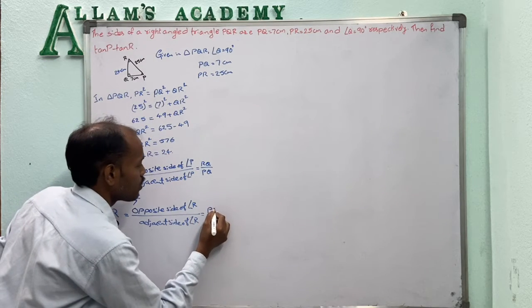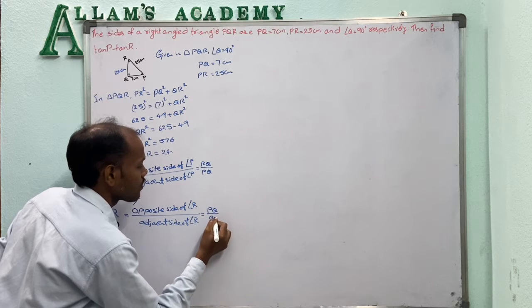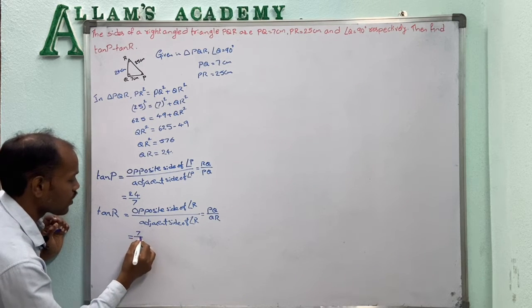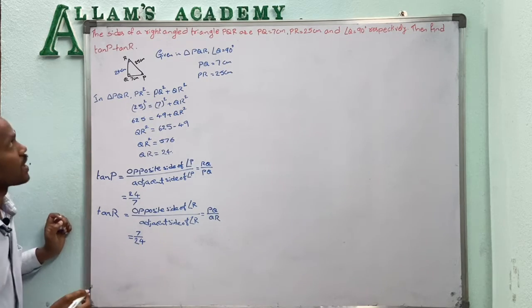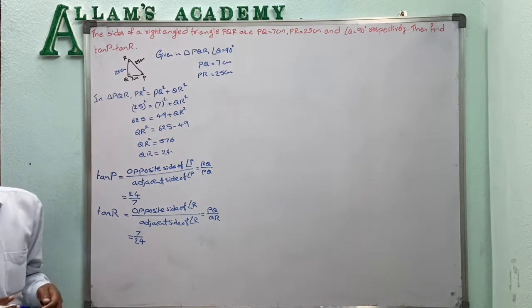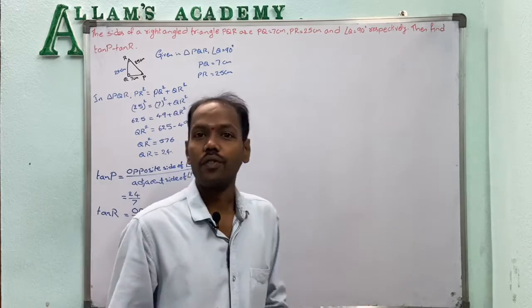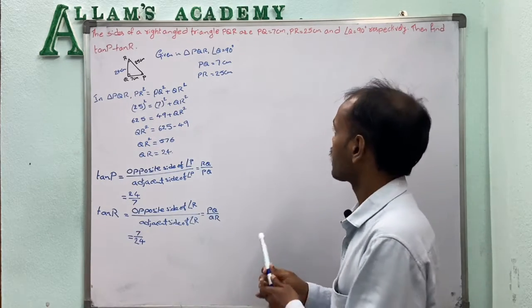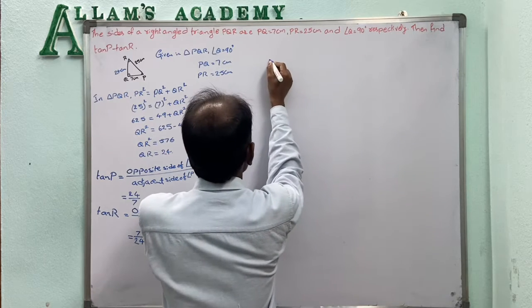So PQ by QR, that means tan R equal to 7 by 24. Now we know the tan P value and tan R value, so we find tan P minus tan R.